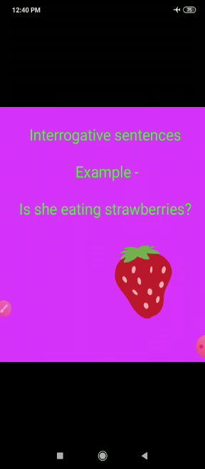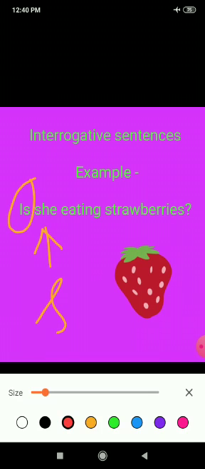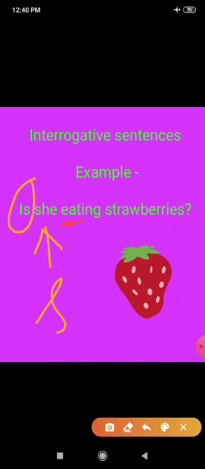The formula for asking a question in present continuous tense is is, am, or are plus subject plus root form of the verb, in this case it is eat, plus ending ing. Is she eating strawberries?